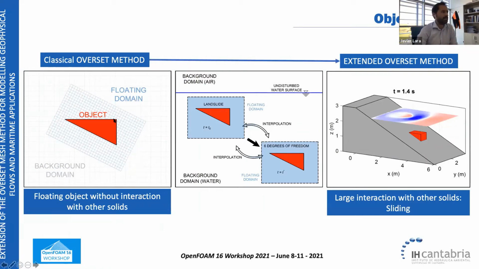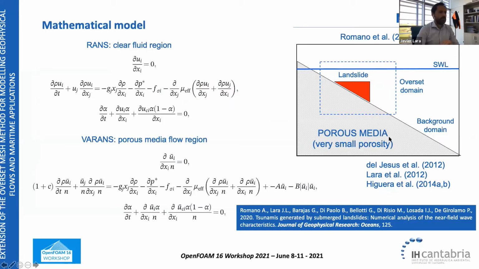We want to extend the overset method to consider the landslide problem, and we would like to extend the philosophy of the overset method, which is basically used for floating objects in which there is no interaction of the background mesh with the boundaries or with another solid object, to solve problems where there is a large interaction with another solid, in this case the sliding of some object over a fixed solid body.